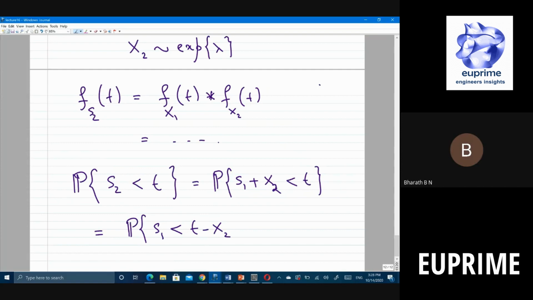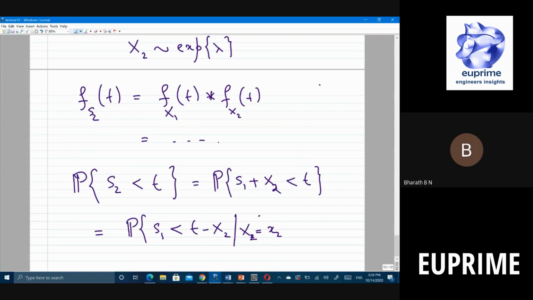But I don't know what X2 is, right? I should condition on X2. This is a little tricky. I'll write it like this, but it's not really a good idea because X2 equal to x2 is an event of zero measure. It does not make sense.